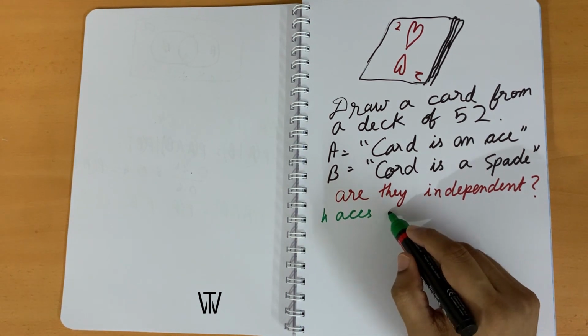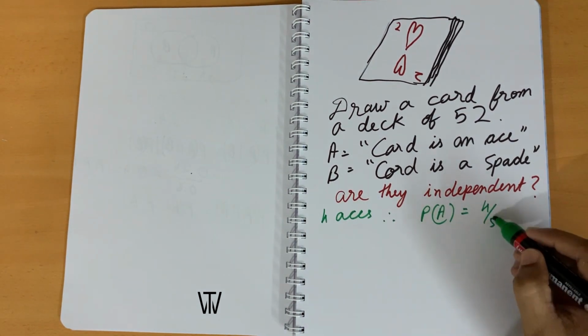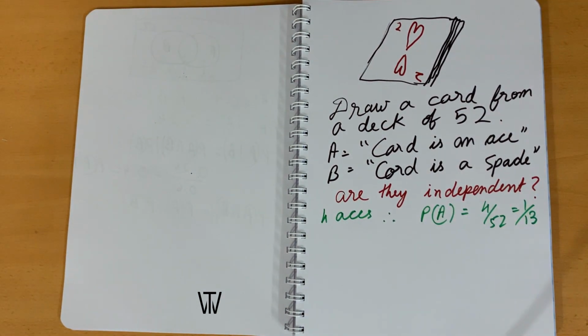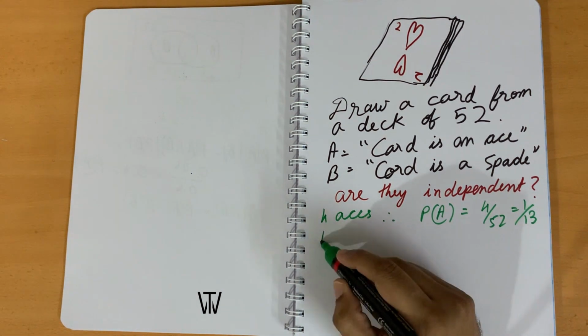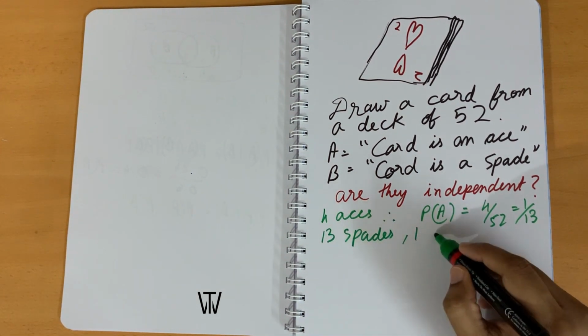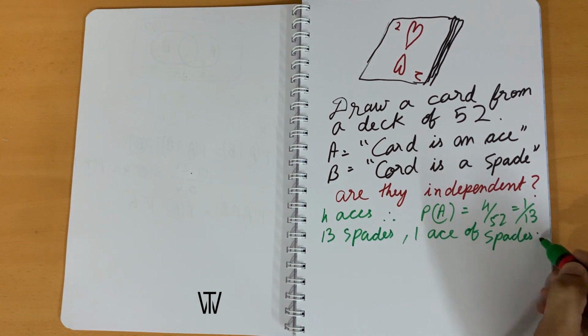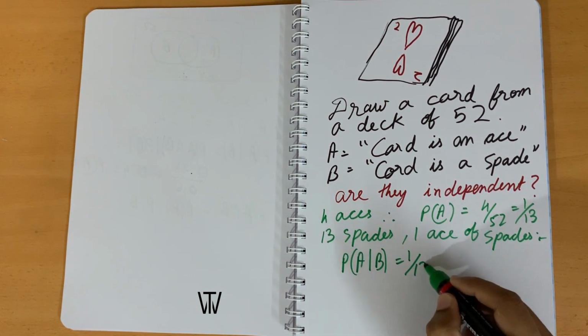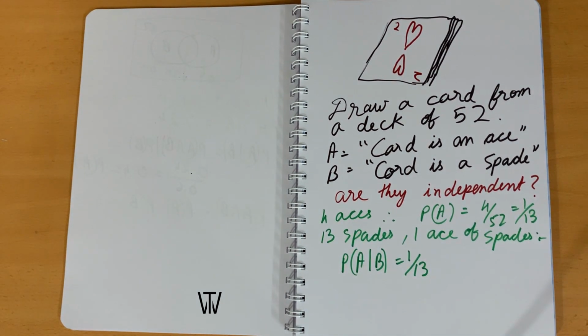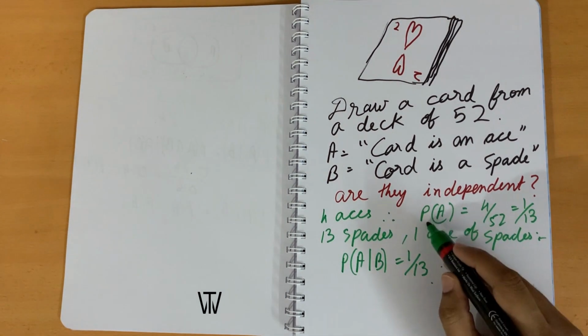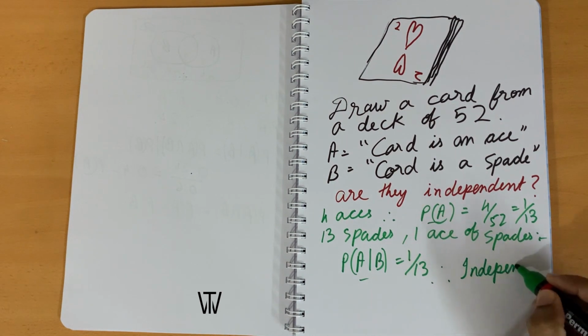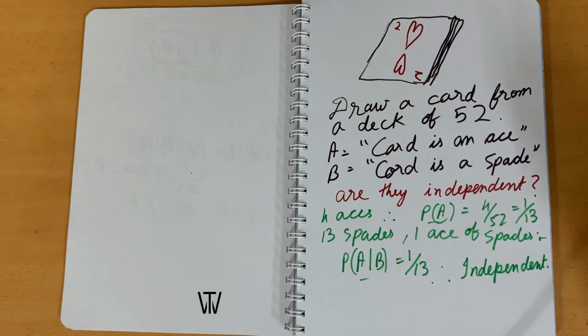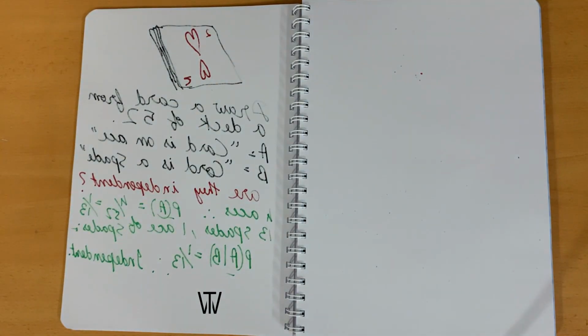Let's see. There are 4 aces in a deck, so P of A equals 4 by 52, that equals 1 by 13. There are 13 spades in a deck and one of them is an ace. So if the drawn card is a spade, then P of A given B equals 1 by 13, which is the same as P of A. So these events are independent.